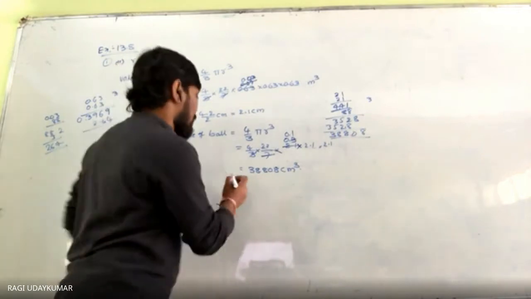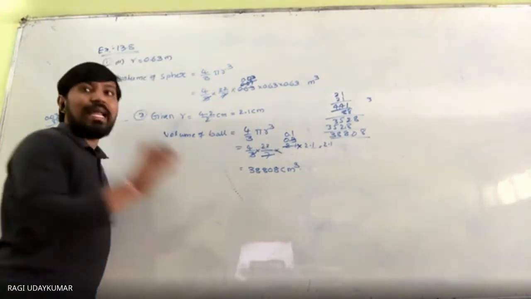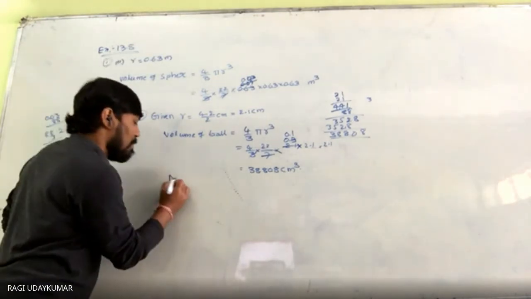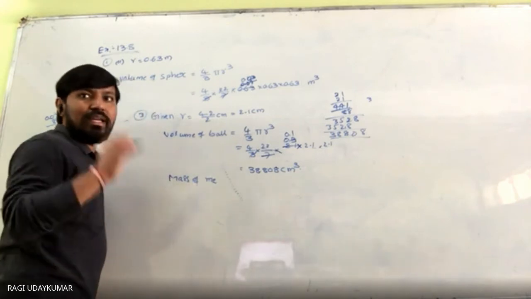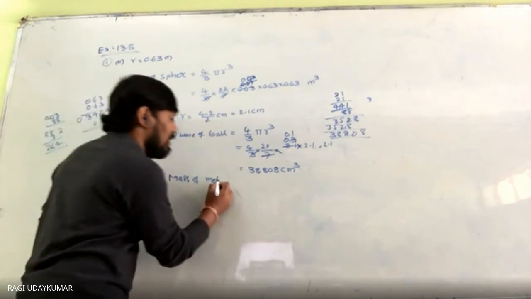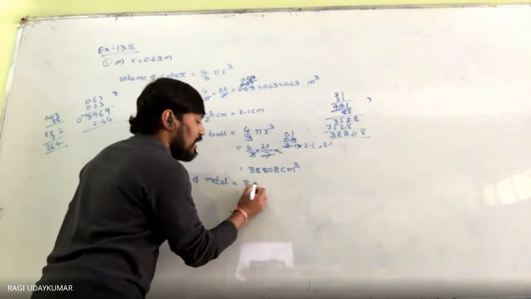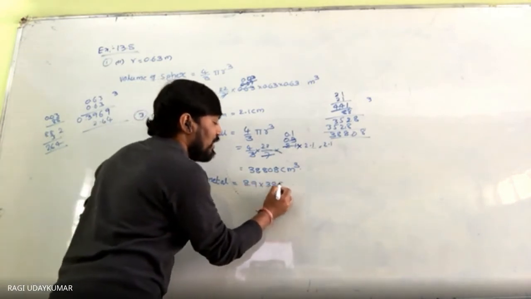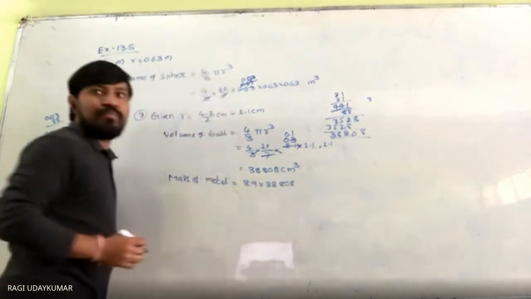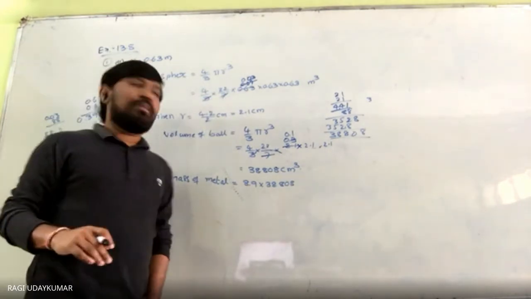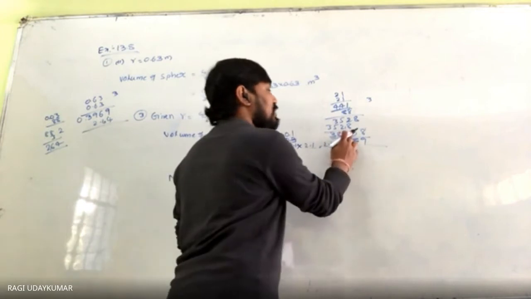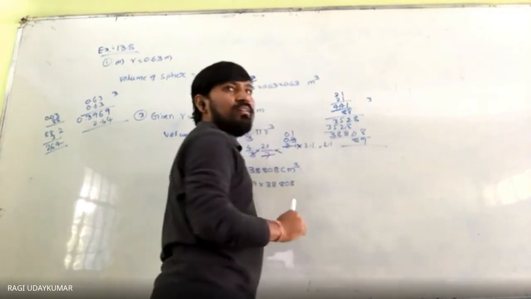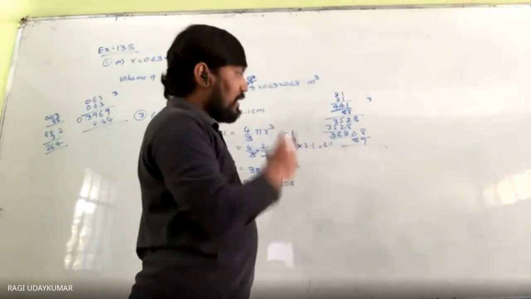Okay, now the volume we got, and it asks you to find the mass of the metallic ball. This is the mass of the metal: 8.9 into 38.808. So you have to multiply with 8.9. Here the decimal point you are going to get. Don't get confused.